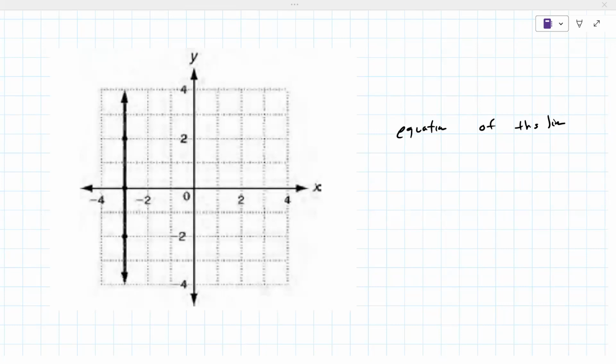Would it be Y equals 2x minus 3? It's a vertical line. What's the equation of a vertical line? Is it x equals or is it y equals? Oh, x equals. Okay. And what does it equal? What is the x value there? 2. Oh wait, no, not 2. Would it be -3? -3, yes.